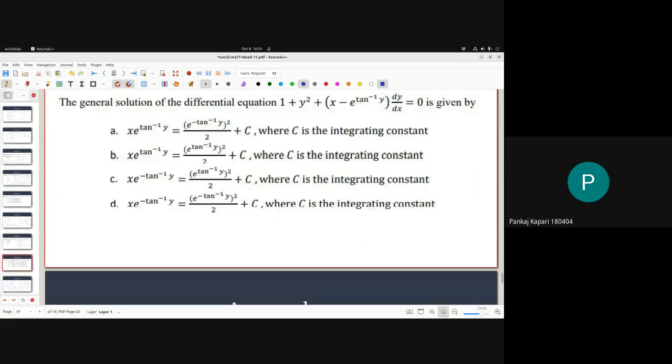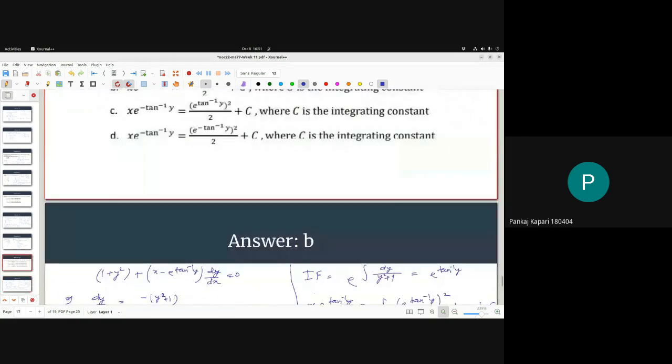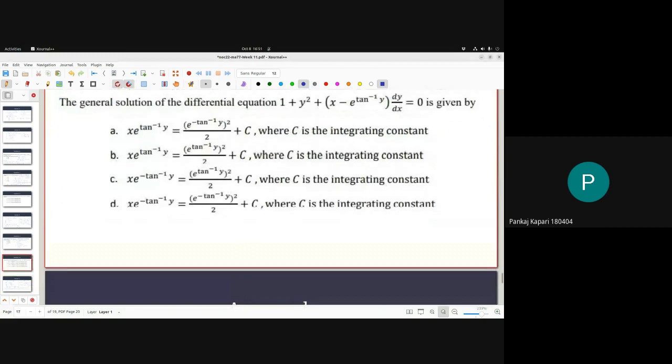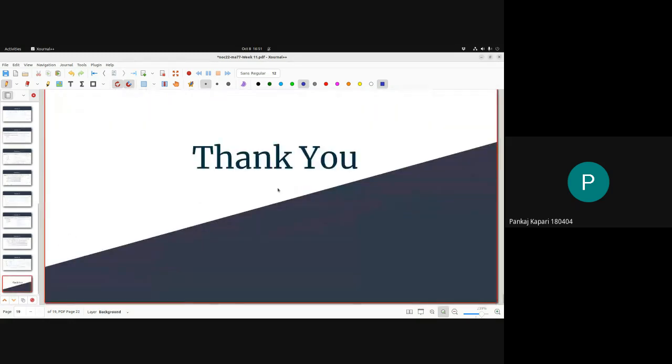So which option is correct? x e to the power tan inverse y equals (e to the power tan inverse y) whole square divided by 2 plus C. So the correct option here is B, where C is our integration constant. So we have discussed all the 10 problems of this live session, and thank you everyone for joining.